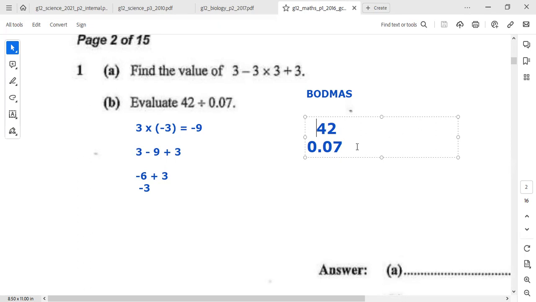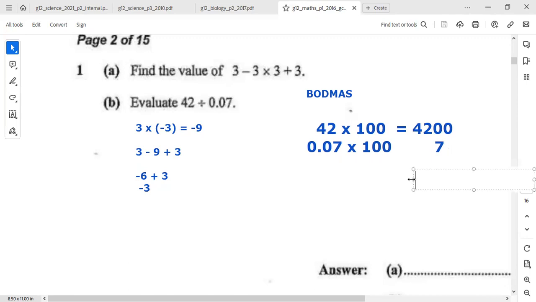So we get rid of the decimals on the denominator. This has 2 decimal places, meaning we multiply this by 100, and we multiply this by 100. The denominator will just be 7, and the numerator will be 4200, then divide by 7. So 7 into 42, that's a 6. So that's actually 600.